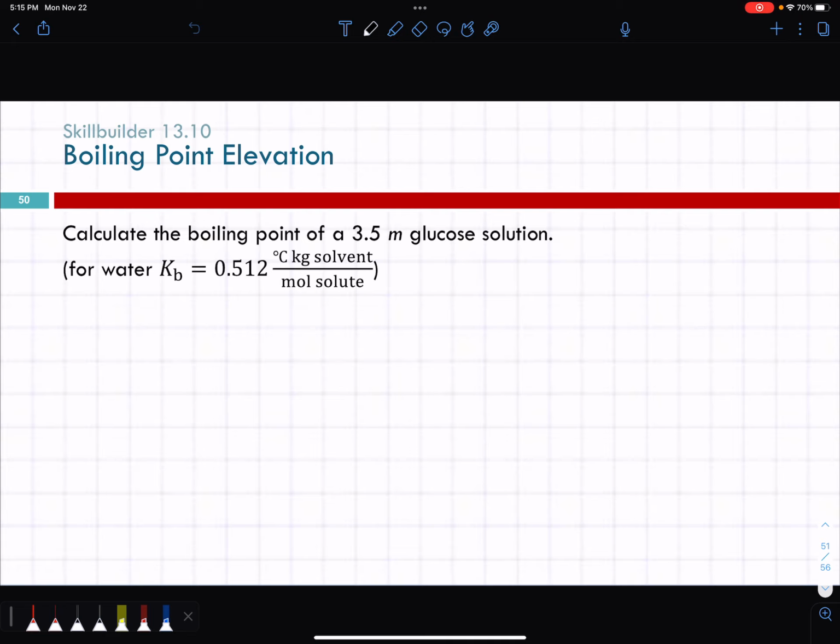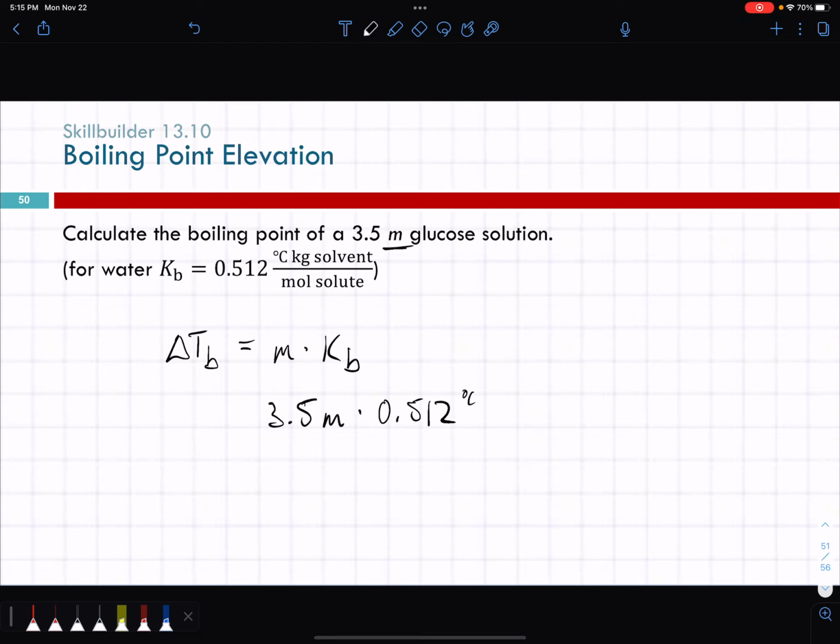So we want to calculate the boiling point of a 3.5 molal glucose solution. All right, so sugar water. So our change in temperature of our boiling point is equal to molality times Kb. So if here our Kb for water is 0.512, and we have a 3.5 molal glucose solution, we just do 3.5 molal times Kb, 0.512.